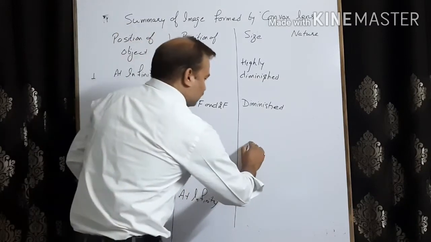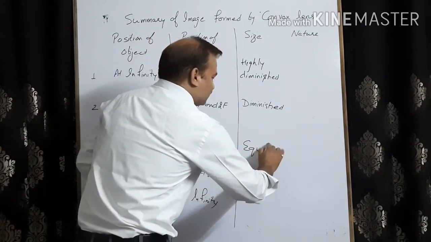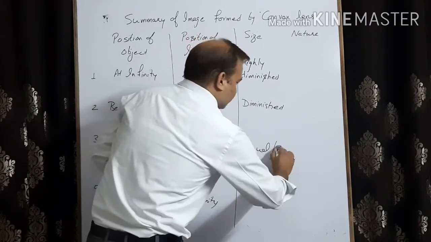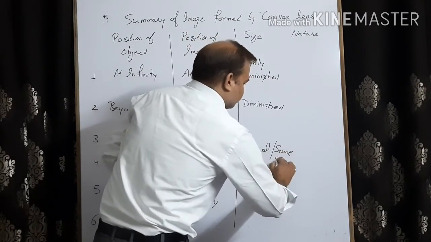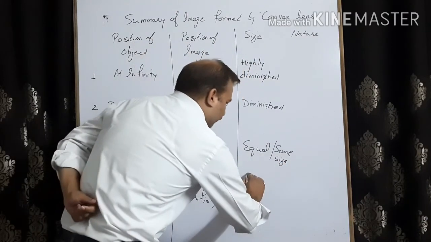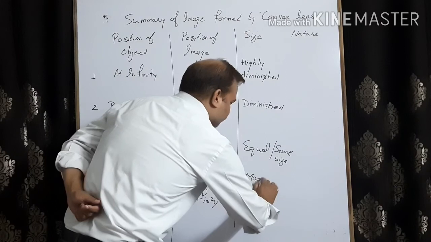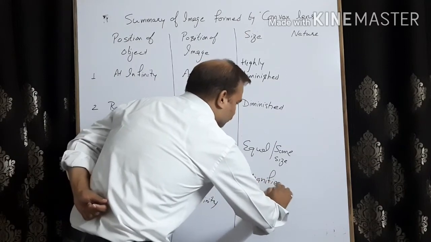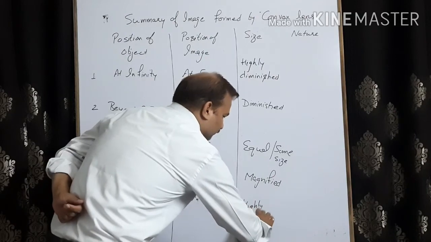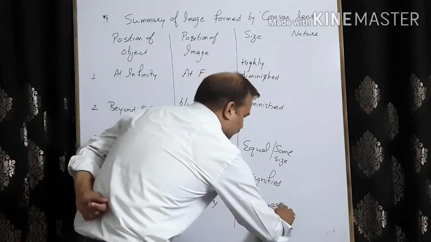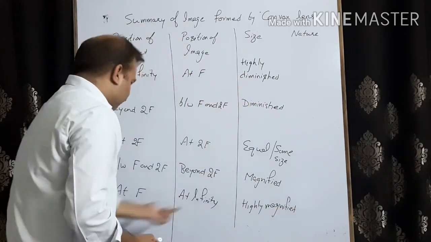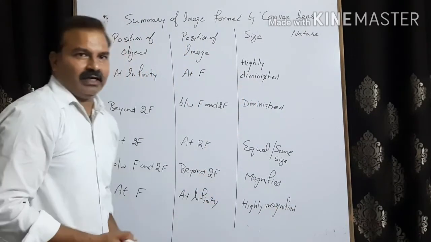Then next is of the same size or equal. I'll write here same size. Now fourth is magnified, and last is highly magnified. Last means whatever the 5 cases I have discussed till now.